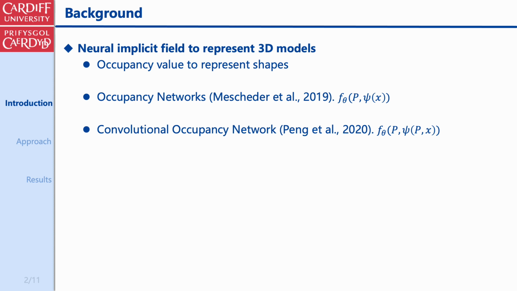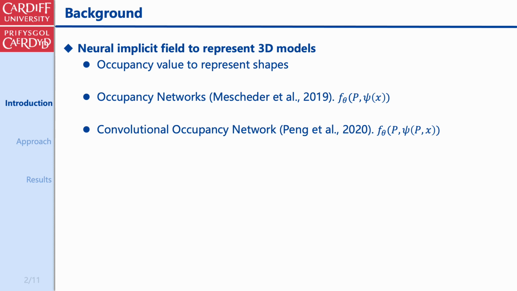So the previous work, occupancy networks, can be used to recover the 3D surface from the noisy point cloud. It generally uses the neural network to take query points' coordinates in space.